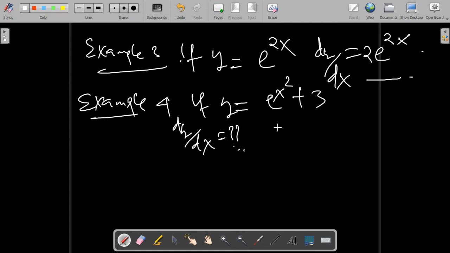First of all, let u be equal to x squared plus 3. After letting u be this function, our y will be equal to e raised to the power of u.